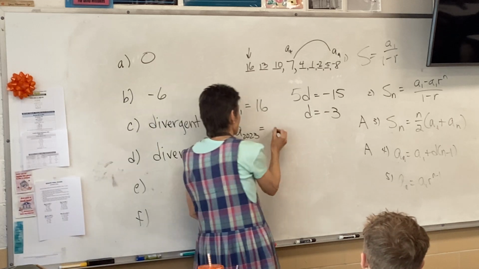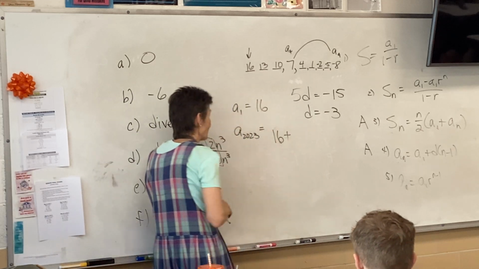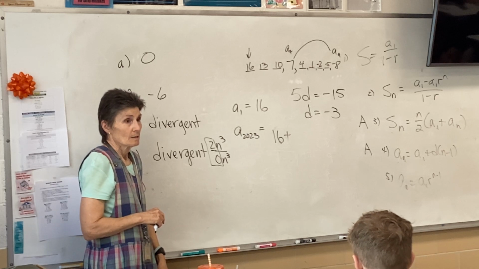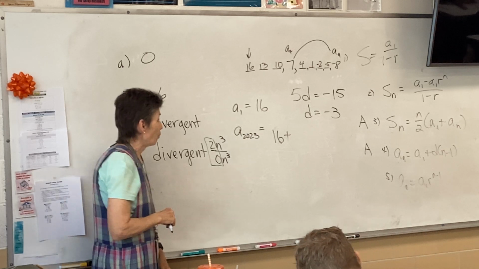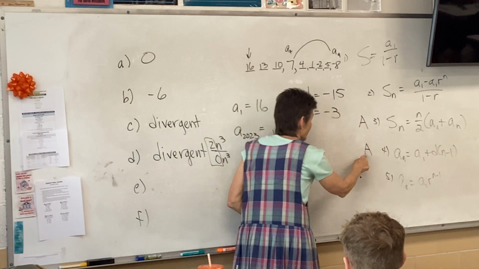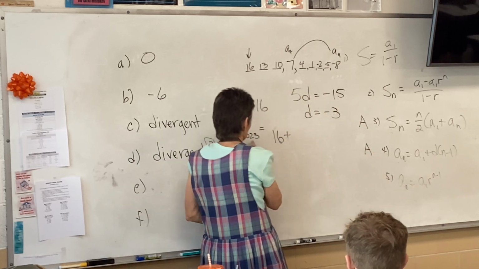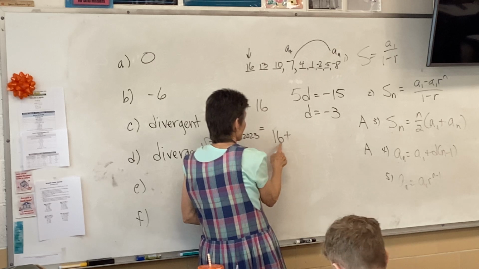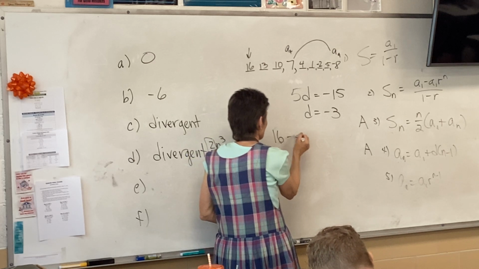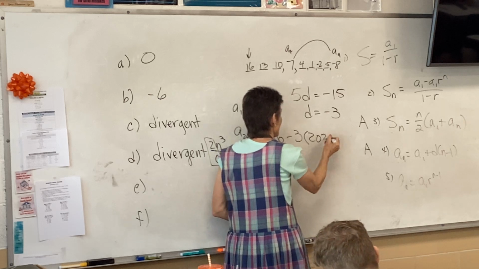Now, for some reason, I want the 2023rd term. So the formula I'm going to use is my arithmetic formula right here. So a sub 2023 is going to be 16 minus 3 times 2022.